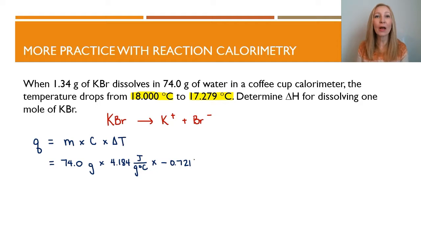So if I want to find out how much energy the water lost to this reaction, how much it cooled, we have 74 times 4.184 times negative 0.721, and the degrees Celsius and the grams cancel out, giving us joules. And we're getting a negative number for the water here. So we have negative 223 joules.